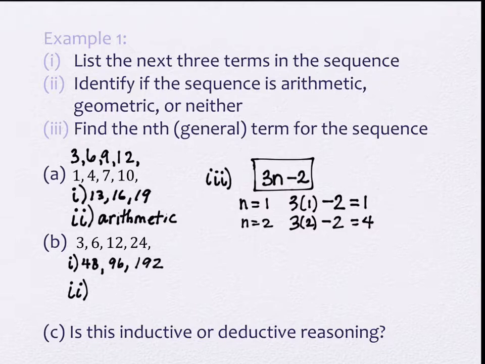Is it arithmetic or geometric? Geometric, because I'm multiplying. All right. But it's not going to have the same form as the last one because I'm not adding the same number every time. I'm multiplying by the same number every time.